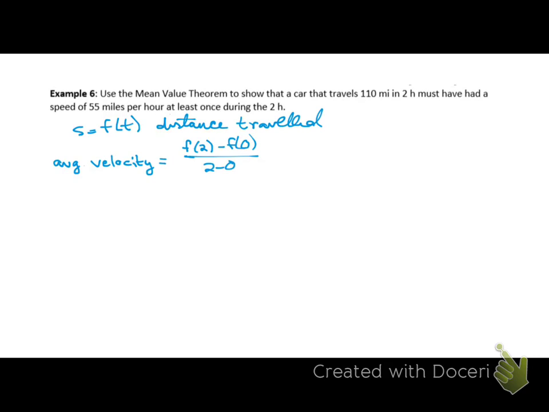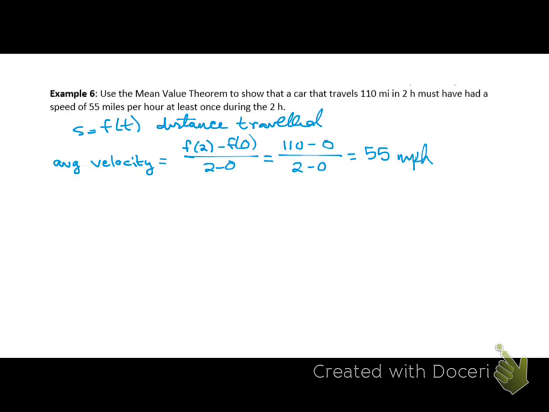They tell me that a car travels 110 miles in 2 hours. That gives me my final time and distance, and my initial time and distance, I'm assuming, is going to be 0 because it started at 0 distance. So that means I have 110 minus 0 over 2 minus 0, which is 110 over 2, which is 55 miles per hour.